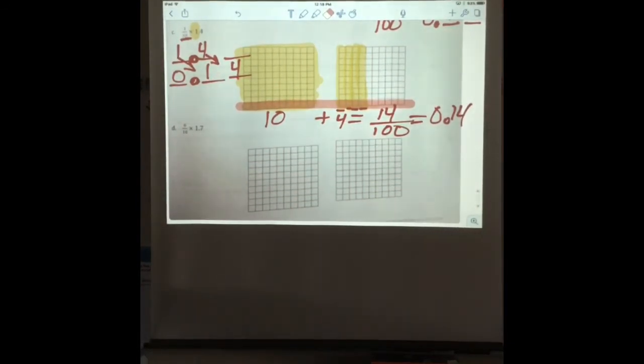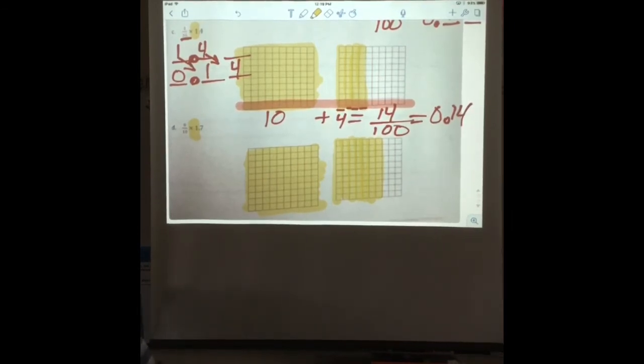Okay, let's move on and do this last problem. I'm going to highlight my 1 whole, right? That 1 whole stands for this one, right? And then how many columns am I going to do? 7. 1, 2, 3, 4, 5, 6, 7, right? Excellent. This is 1.7.